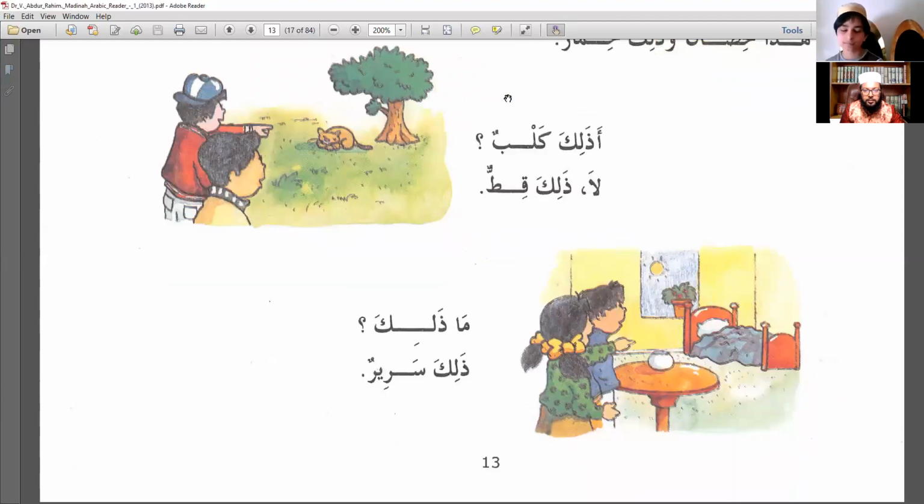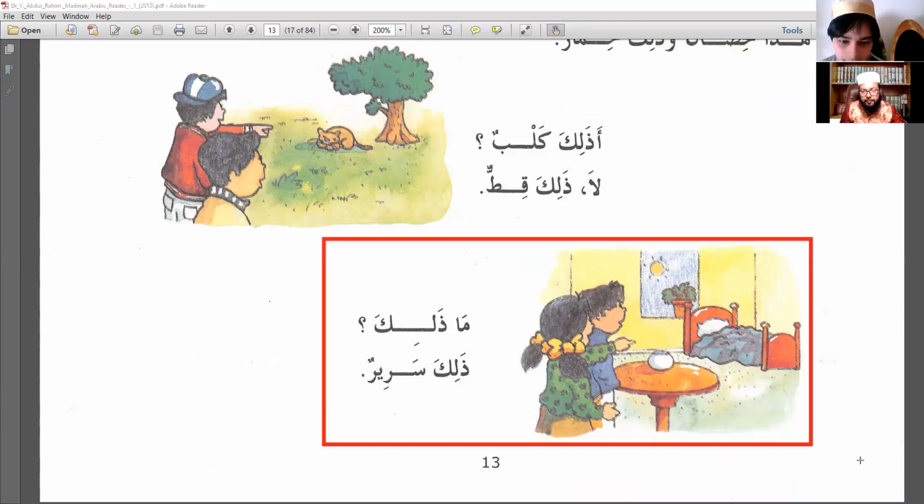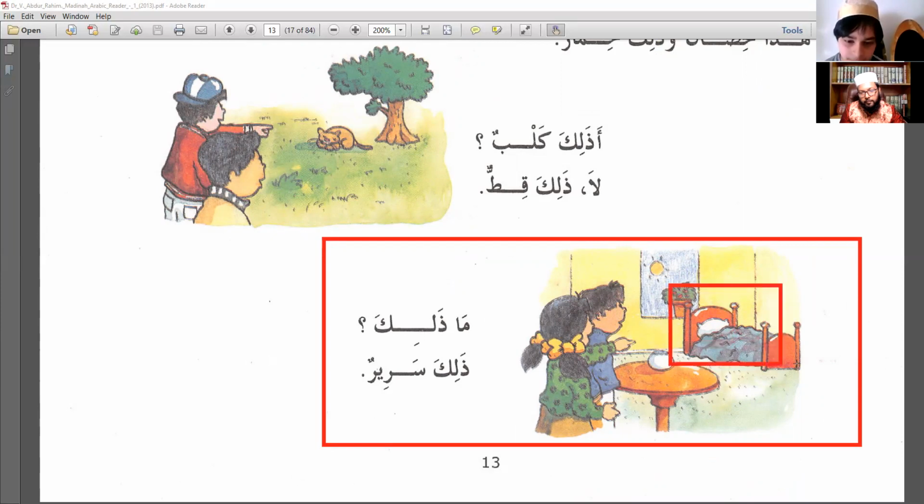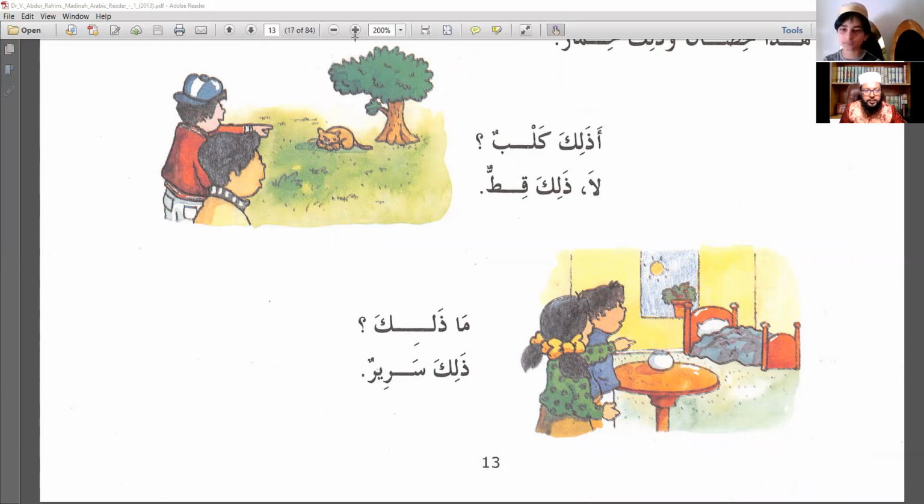So now the last one you can see here. ما ذلك؟ What is that? ذلك سرير. That is a bed. Beautiful. Very good. MashaAllah.